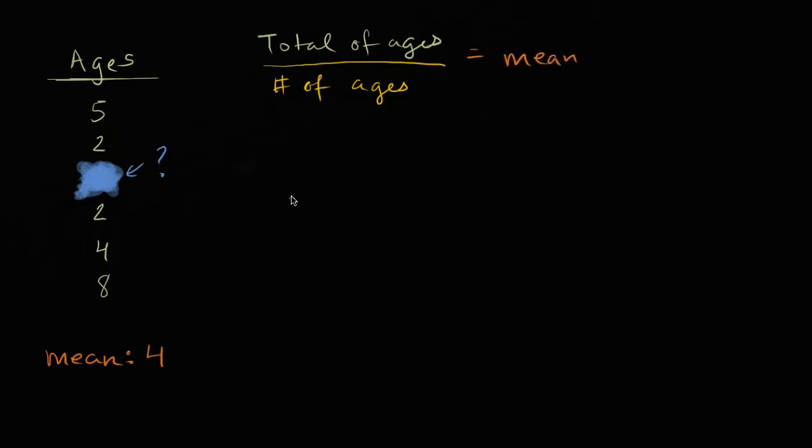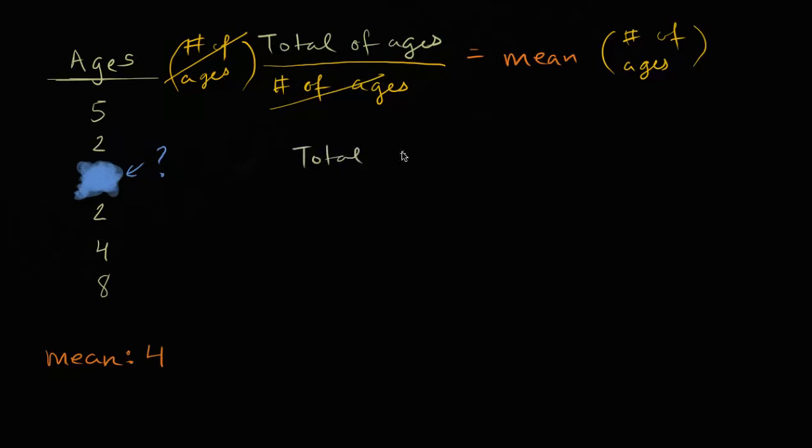Or another way to think about it, if you multiply both sides times the number of ages, then this is going to cancel with that, and we're going to be left with the total is equal to the mean times the number of data points, or number of ages.